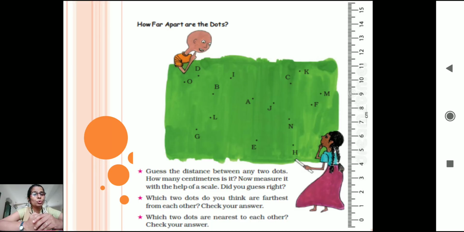And I also told you to measure different objects using the scale, like your pencil box, your book, right? So here also, now using the scale, you are going to measure the distance between the two dots. Okay, means you will keep your scale properly and measure the distance of each dot.